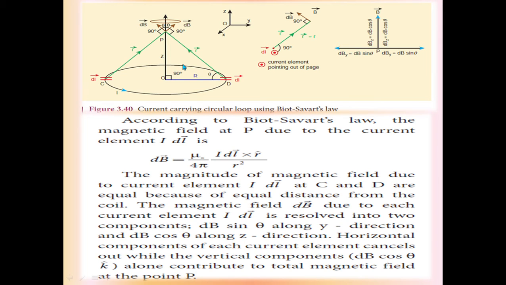The horizontal component of each current element cancels out, while the vertical component dB cos theta k cap remains. So the sin theta components cancel each other, and only the dB cos theta component alone contributes to the total magnetic field at point P.